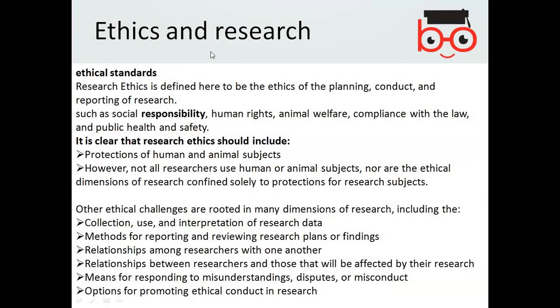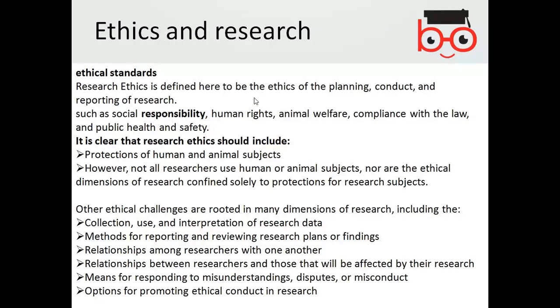Now we come to ethics and research. Now we talk about ethical standards. Research ethics is defined here as the ethics of planning, conducting, and reporting of research. Obviously, moral values or ethics are applied in research as well. It is not the case that you can do research on anything without any problem.